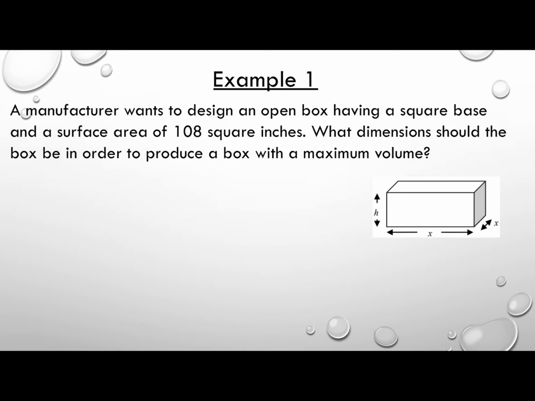So the next thing we're going to look at is this idea of how do you find the surface area of this box? Well, if you recall, the surface area of a prism such as this would just be adding up the areas of each of the faces.